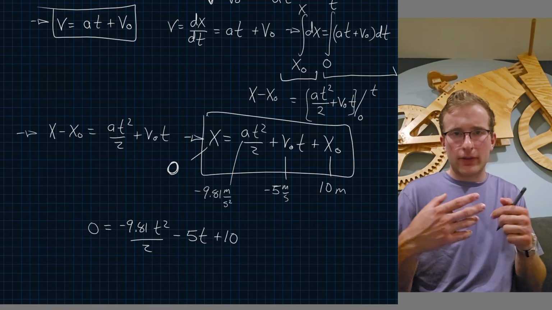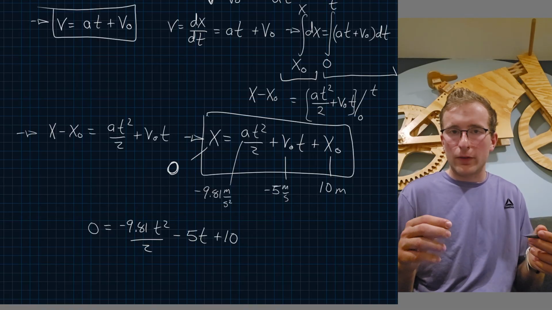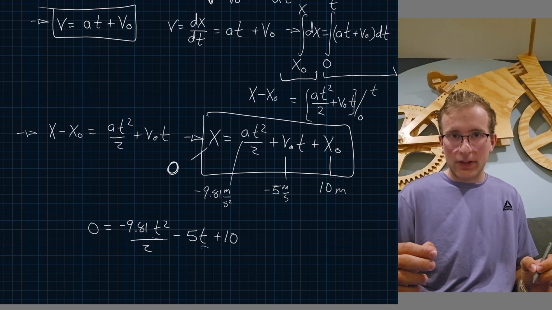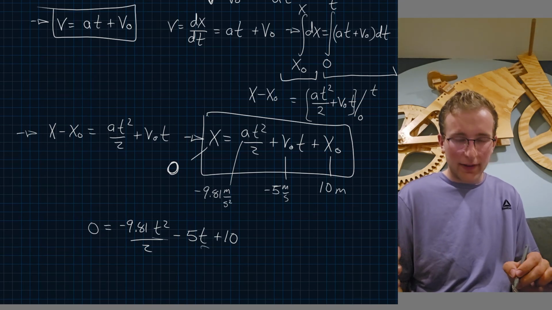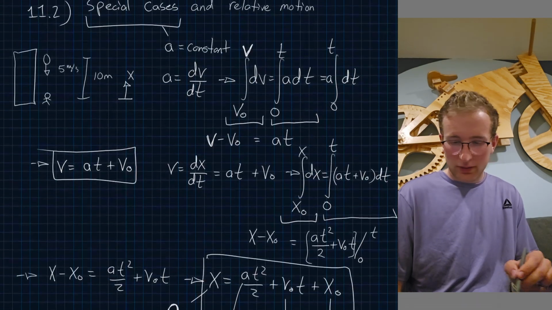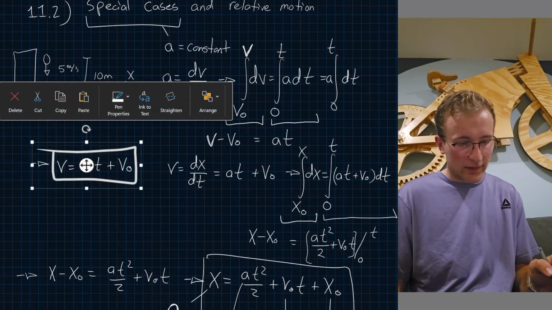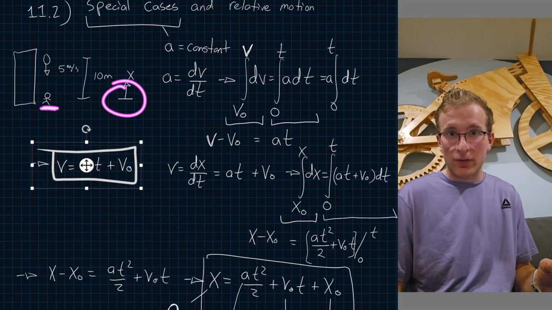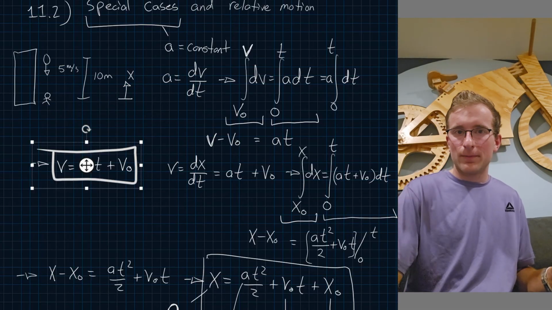And then I can use the quadratic formula or any of your favorite methods and solve for t. And that'll give you the time it takes for the water balloon to get to x equal to 0, aka the ground, aka your friend. All right.